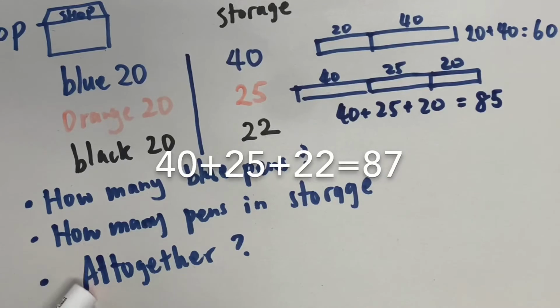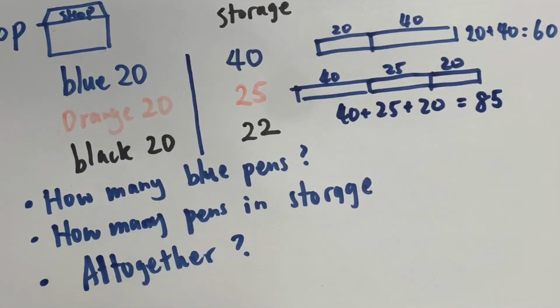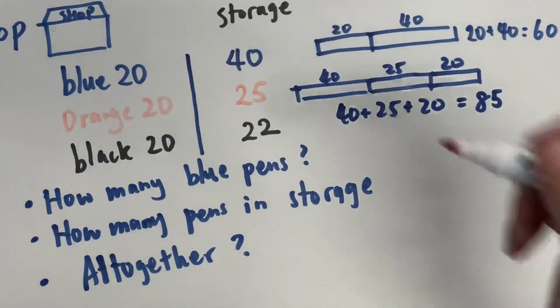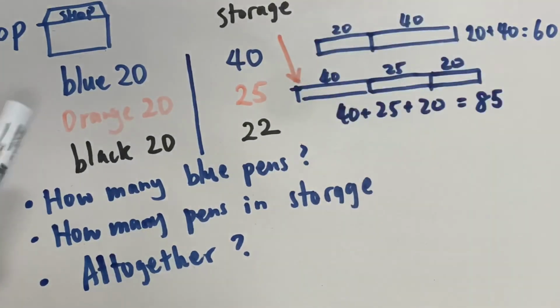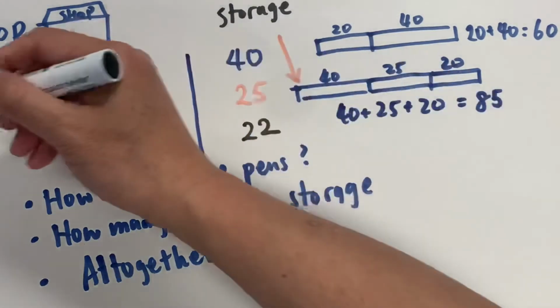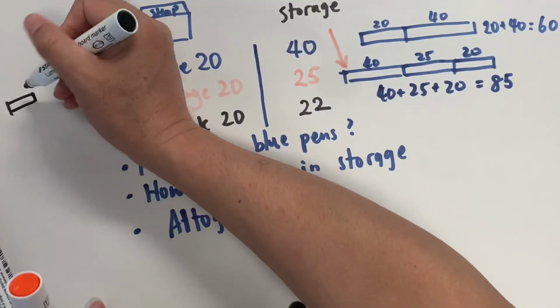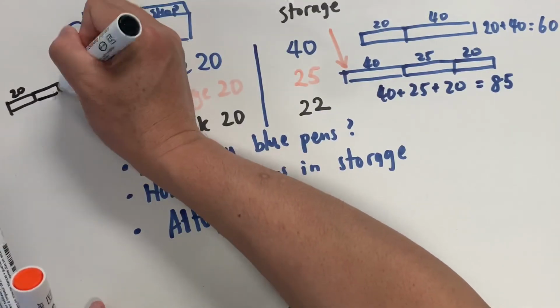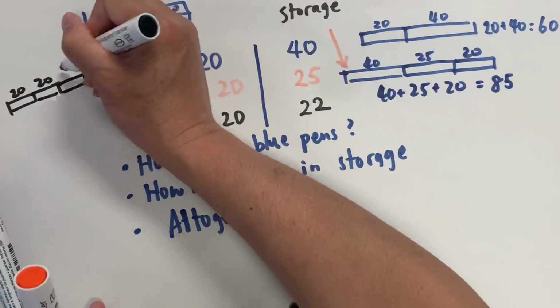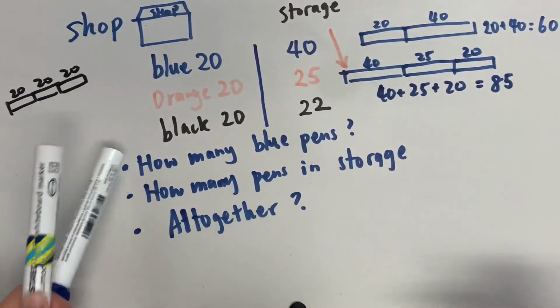Now, altogether, that is a tricky one. Maybe I should start with that storage, right? If I know how many in the shops, let's find how many pens there are in the shop. So 20, 20, and 20. That's what's in the shops.